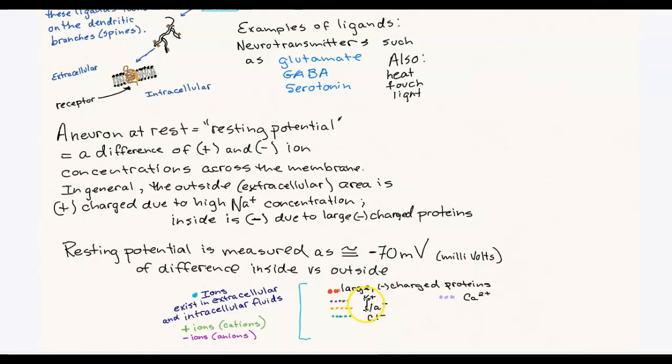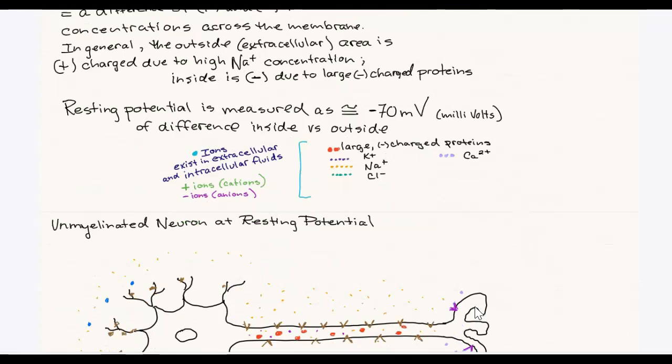Here are the ones we're really going to talk about mostly. We said already these large negatively charged proteins. We have potassium in large concentration inside the cell. We have sodium in large concentration outside. We have chloride outside, and we have calcium. So we'll see what their roles are as we go forward.